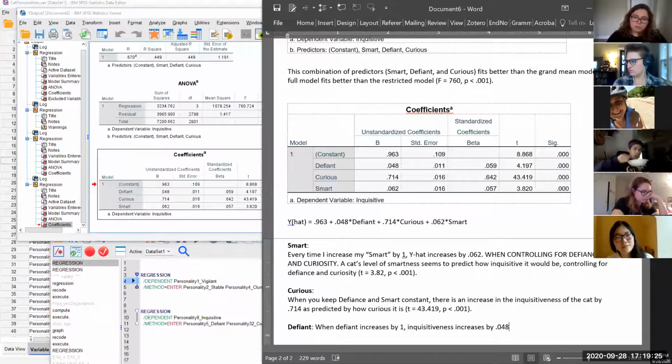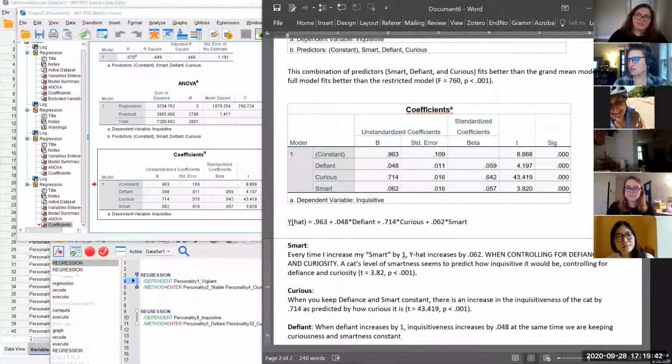At the same time, we are keeping curiousness and smartness the same, constant. Okay. Yeah, that's really good. At the same time, we're keeping curiousness and smartness constant.